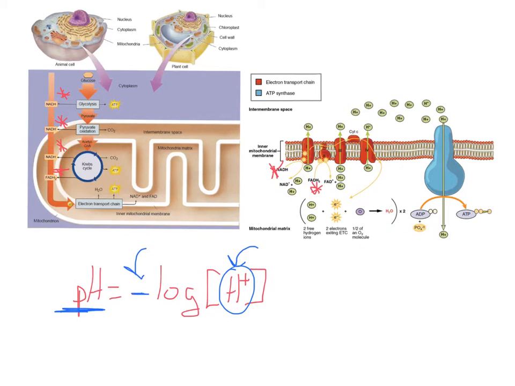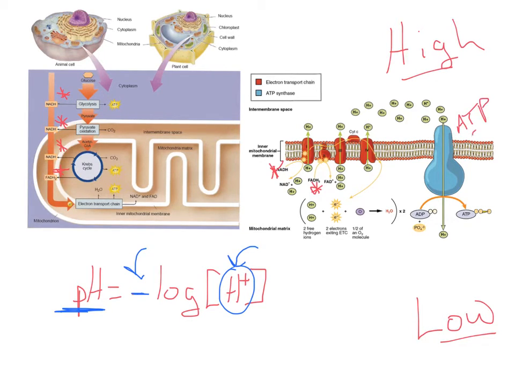So this is your high here, hydrogen ion concentration, and here is your low, all right? So the movement of ions is going to be from high hydrogen ion concentration up here to low down here, and these ions can only flow through this ATP synthase. So make sure you know the name of this as well, ATP synthase.